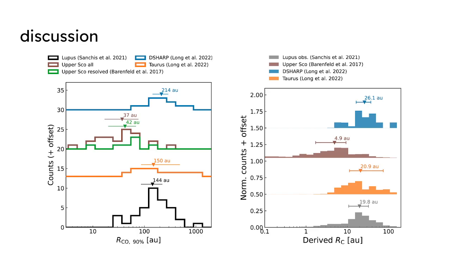Yeah, but they also note that that's strange, right? This is such a small value, not because it's a small value, but because it's smaller than others. And for Upper Scorpius, there is an estimate of age, and it is older than other star-forming regions.